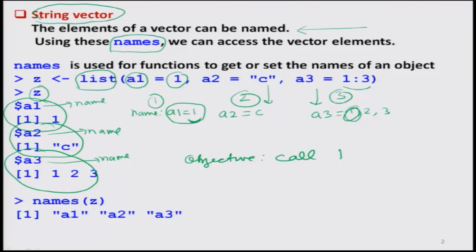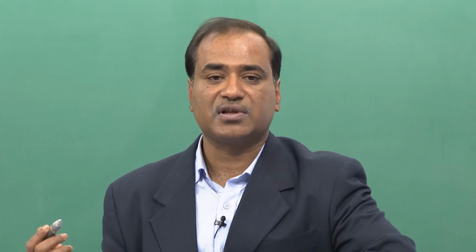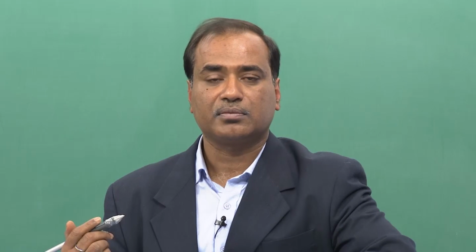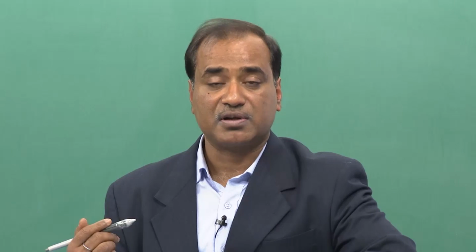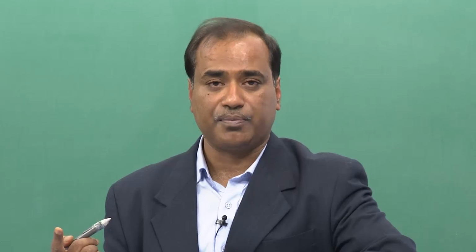So now the confusion is, which one do I call, or out of these two, which is the one I am calling? This situation is very similar to a situation inside the class where there are two students with the same name, and when the teacher calls them by their name, both the students come, but the teacher wants any particular student to come.